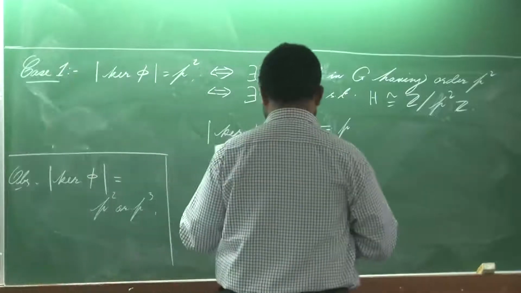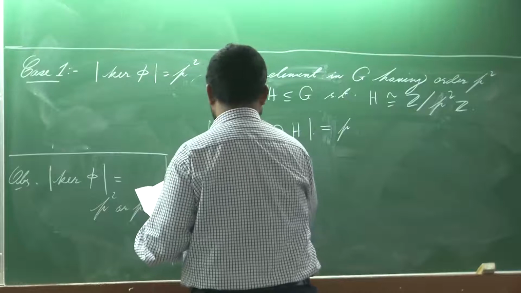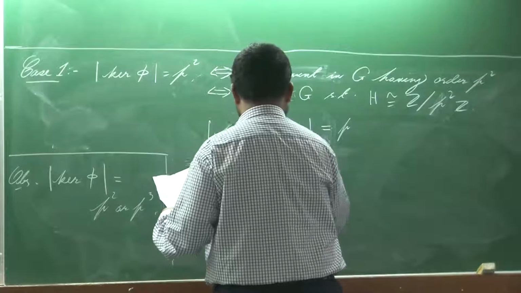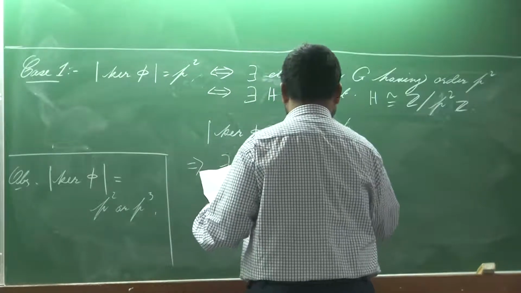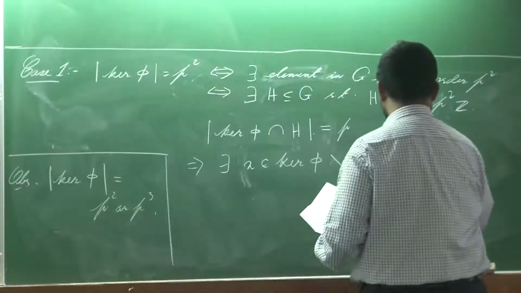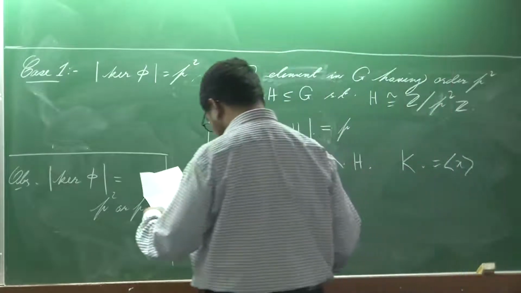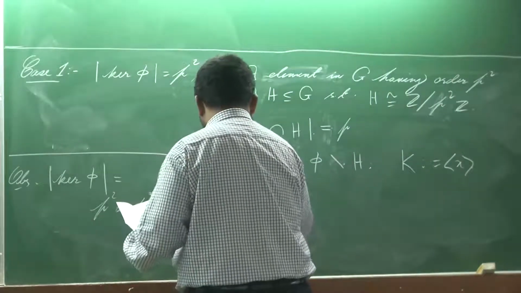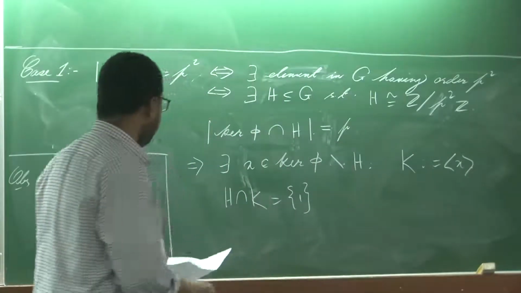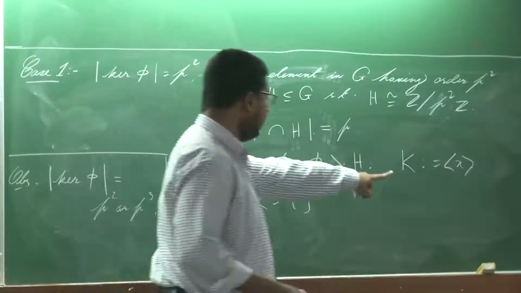So when that is the case, there exists y in the kernel other than H. Denote this subgroup by K. Now it's natural to see H intersection K is trivial, because K has order p.